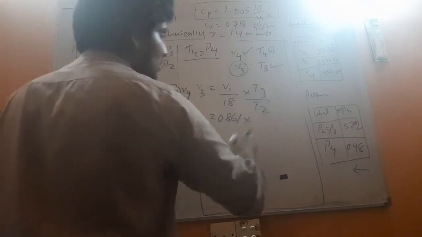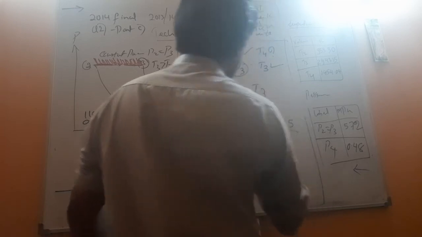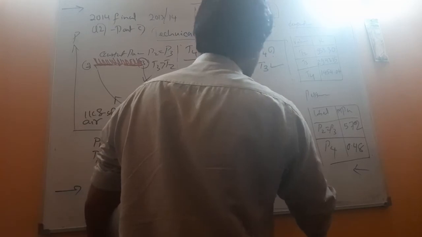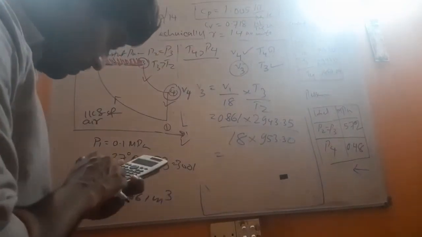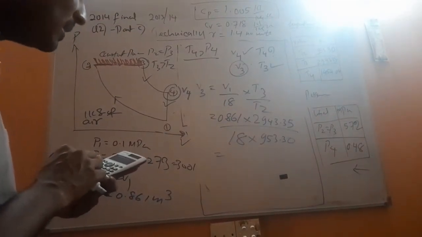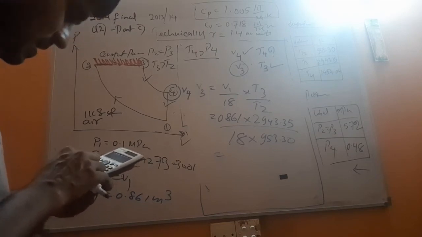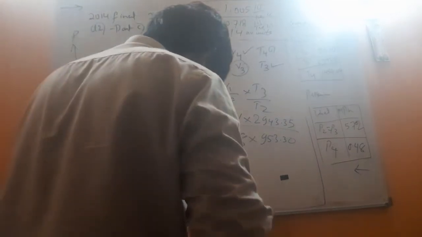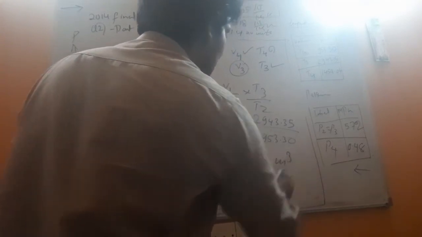T3 you know, 2943.35 kelvins, and this is 18. What is T2? 953.30. Quickly tell me: 0.861 multiplied by 2943.35 divided by 18 divided by 953.30 is 0.148 meter cube.